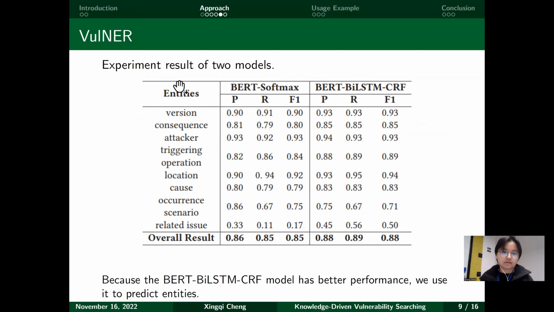We list the different entities and the corresponding precision, recall, and F1 of each entity. You can observe that the overall result of the BERT BiLSTM CRF model performs better than BERT Softmax. So we choose this model as our NER model to predict our final result, the final table we want to obtain.